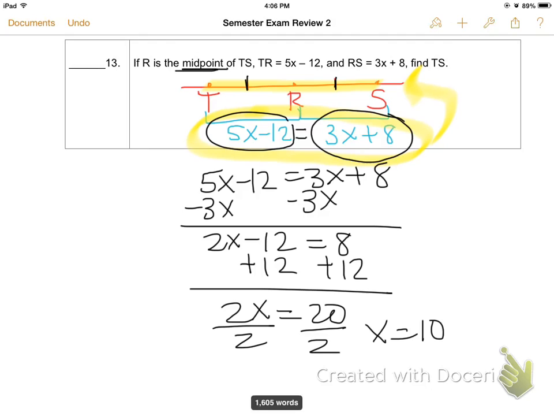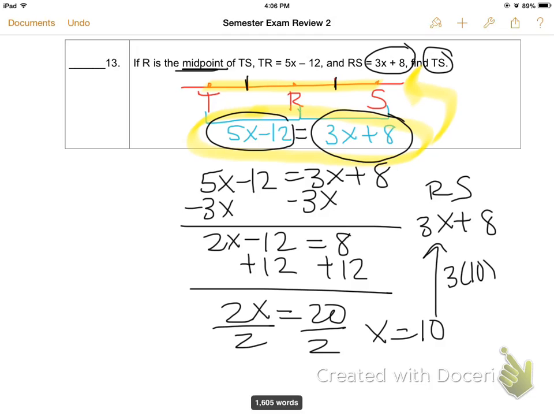Now this problem says that we're trying to find what TS equals. Well, we're not given a value for TS in the problem, but we're given one for RS, and we know RS is going to be half of TS. So RS equals 3x plus 8. I know what x is, so I can just plug it in.